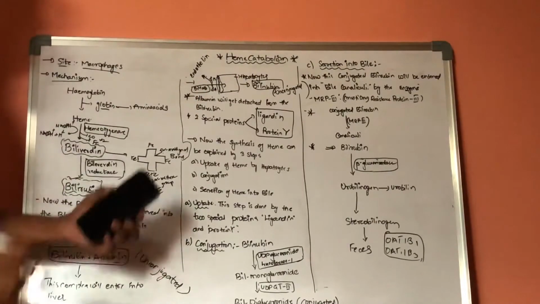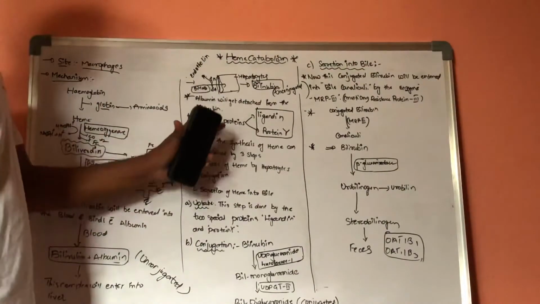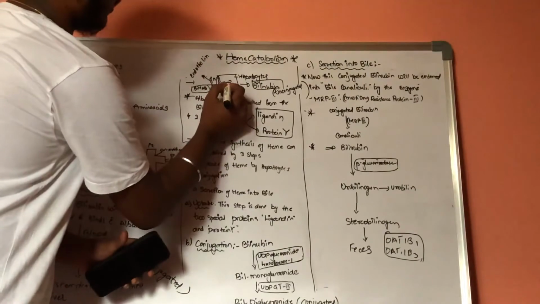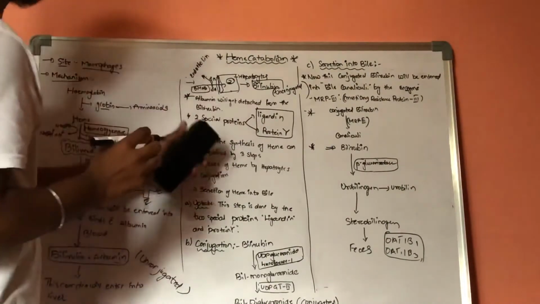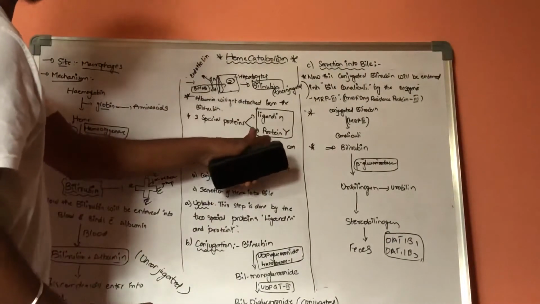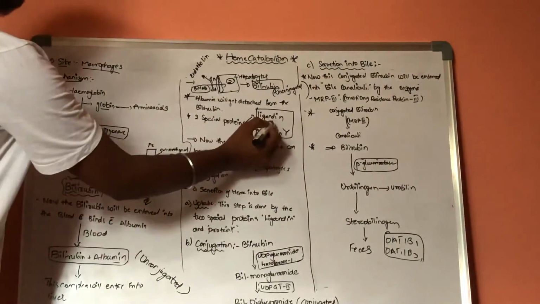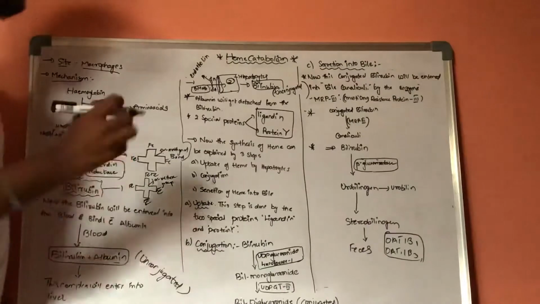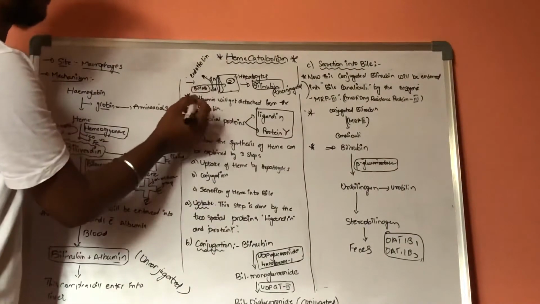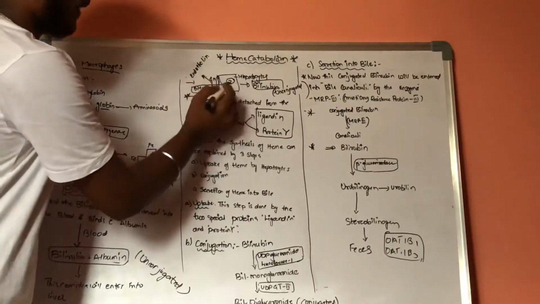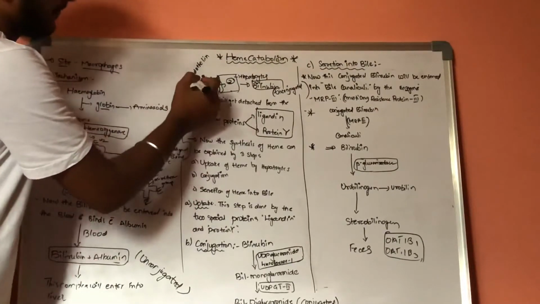Now there are two special proteins present in hepatocytes. These are ligandin and protein Y. The main function of these two, ligandin and protein Y, is to prevent the backward flow of bilirubin which has entered the hepatocytes into the blood again.